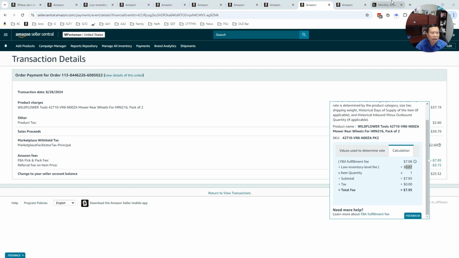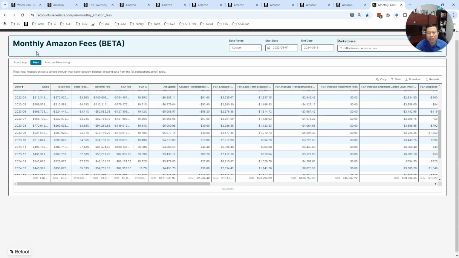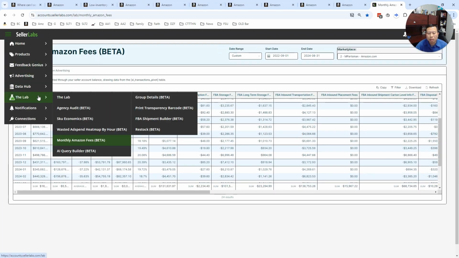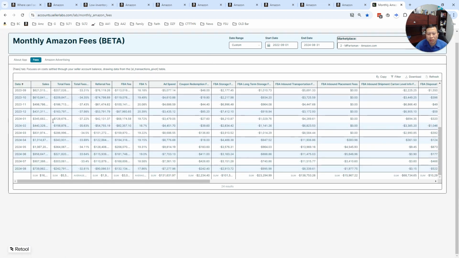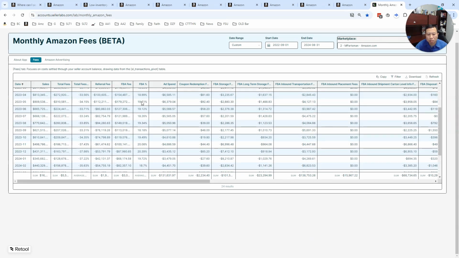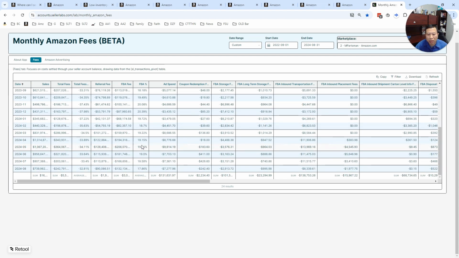And over at Seller Labs, we built this monthly Amazon fees calculator in the lab, monthly FBA fees, to count on your fee percentages. So here are the monthly fees, and you can see the percentages change month to month. Generally it's around 18-19%, but in November, December it can get up to 20%.